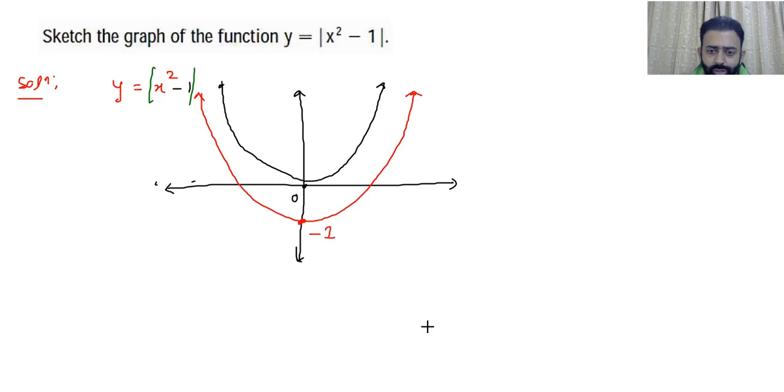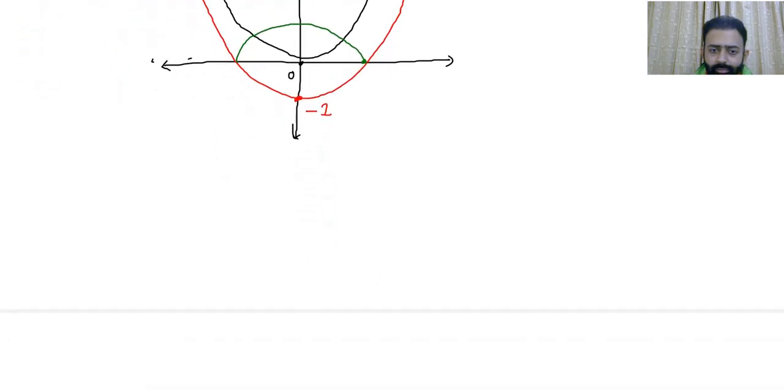So this portion of the graph which was negative, from this point to this point, becomes positive. How does it become positive? It is just a reflection. So it will go like this. Okay, so the final graph will be like this.